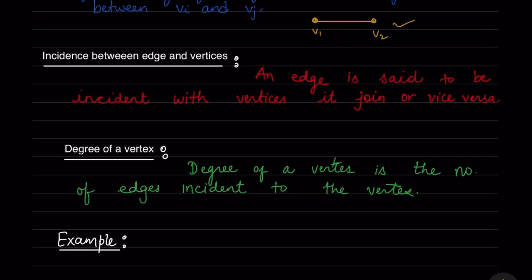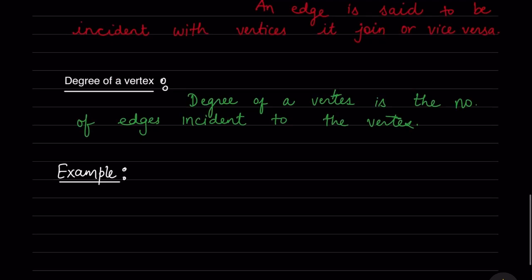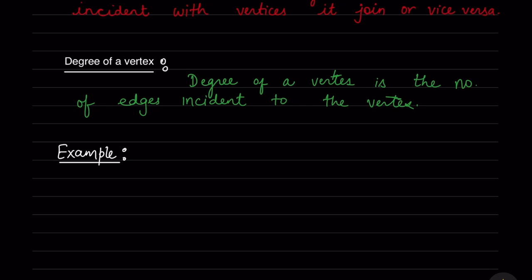The degree of a vertex is the number of edges incident to the vertex. Incidence is a property between edges and vertices. I can say that this edge E1 is incident on vertex V. So the degree of a vertex is the number of edges incident to the vertex.